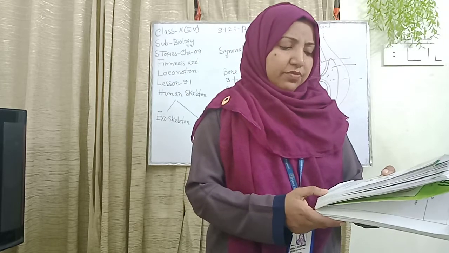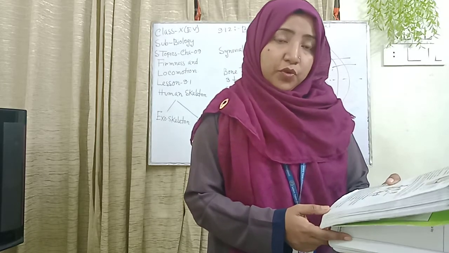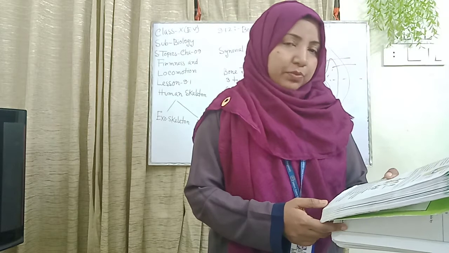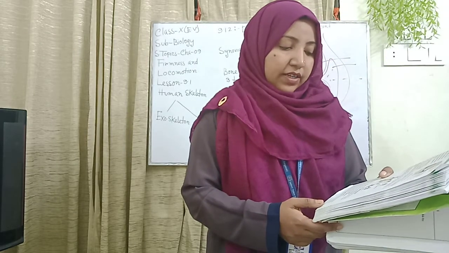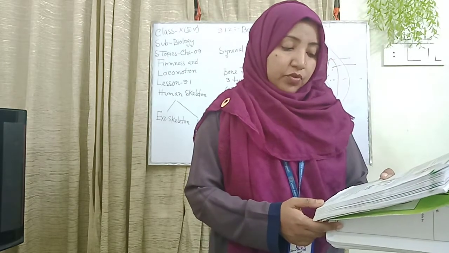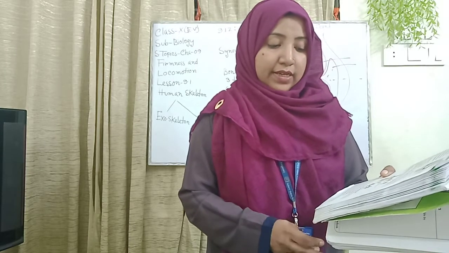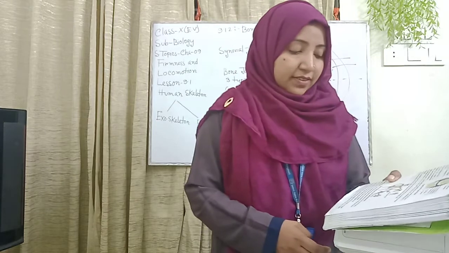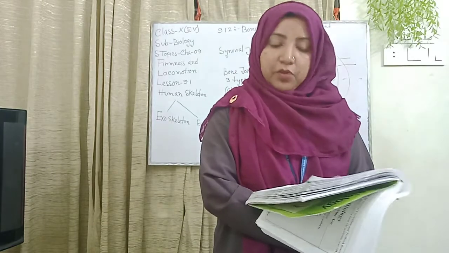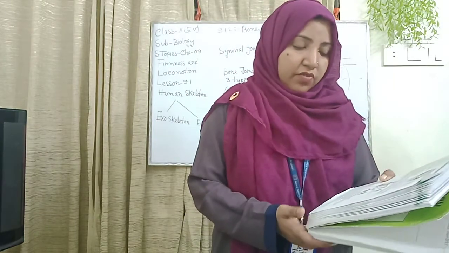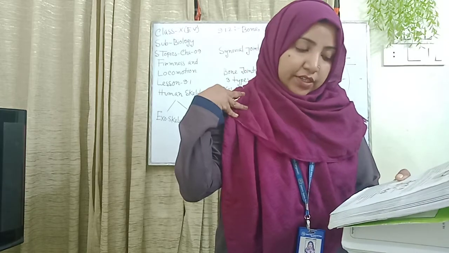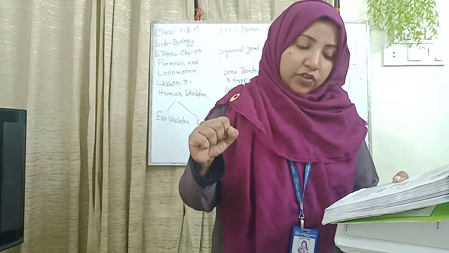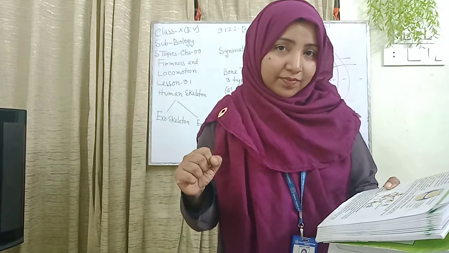In the ball and socket joint, the round head of one bone fits into a cup-shaped socket or cavity of another bone in such a way that it allows the bone's movement in all planes. This is also a type of synovial joint. For example, the shoulder joint and the ball and socket joint of the thigh bone.